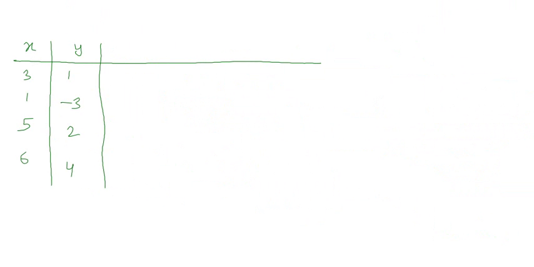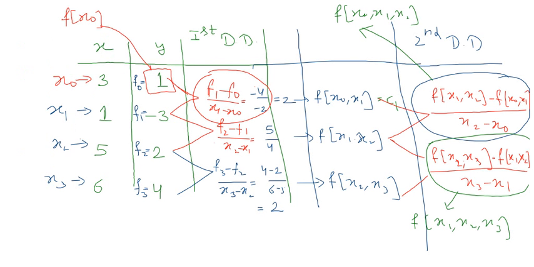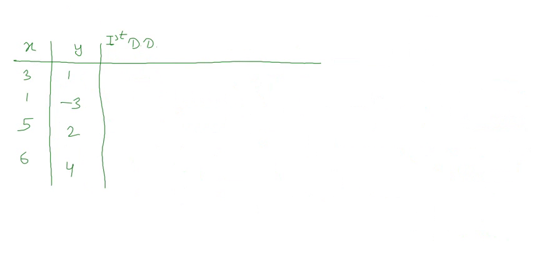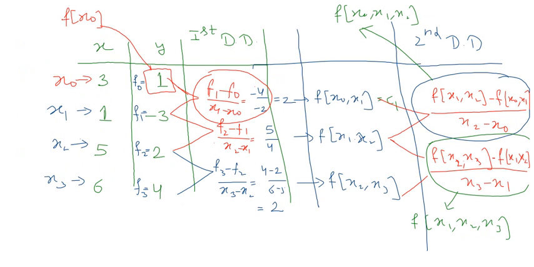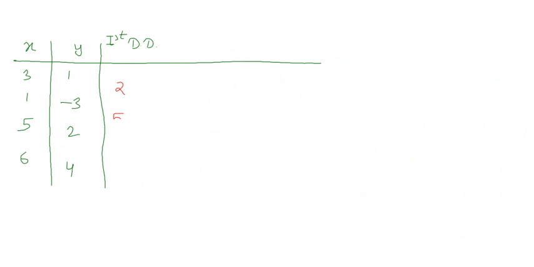The first divided differences are minus 1, 2, 5 by 4, and 2.